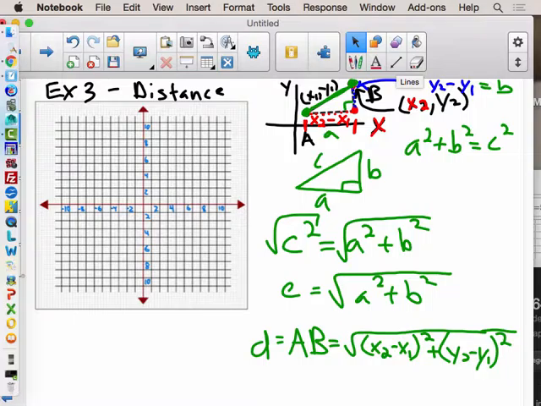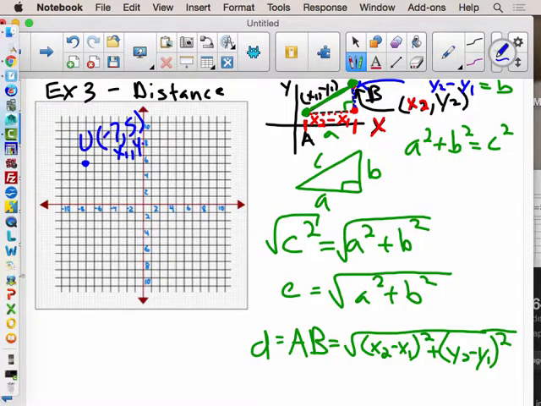So now, your textbook, here comes example number 3. They've given us the point -7, 5. That's u. And that occurs at -7, 5, which is our first point. So we'll call that x sub 1, y sub 1.